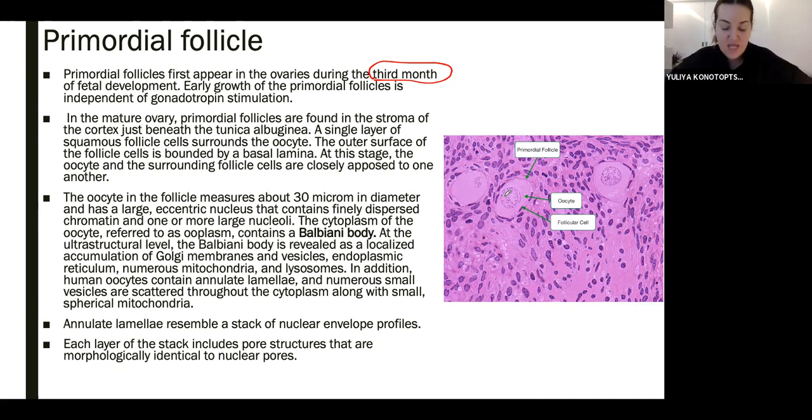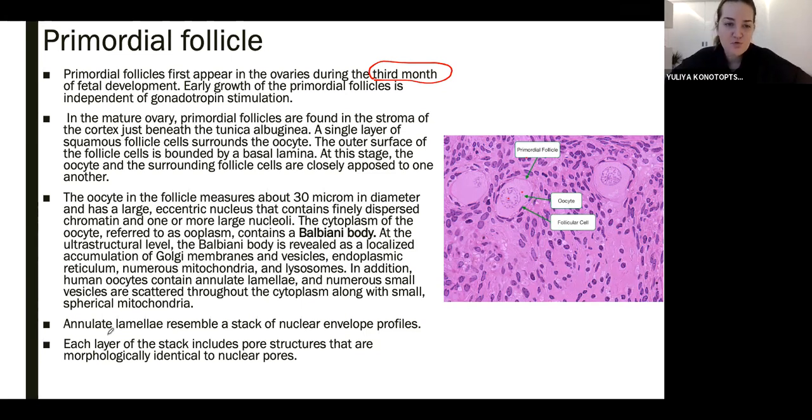It's entering into meiosis 1 to divide the number and become haploid. So secondary oocyte is haploid, but primary oocyte is diploid. So the cell here is a diploid cell. This is the nucleus, this is the cytoplasm of the primary oocyte. So I repeat, primordial follicle, this is a primary oocyte, which is surrounded by squamous follicular cells.